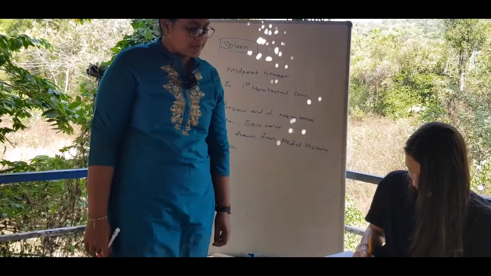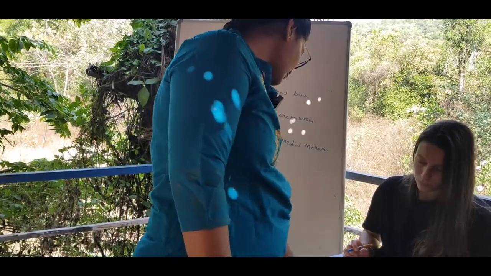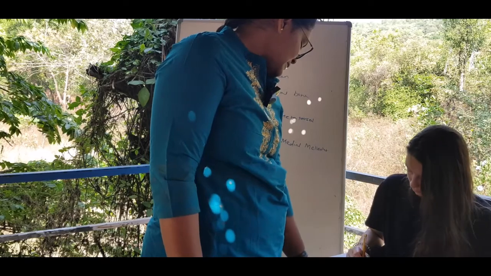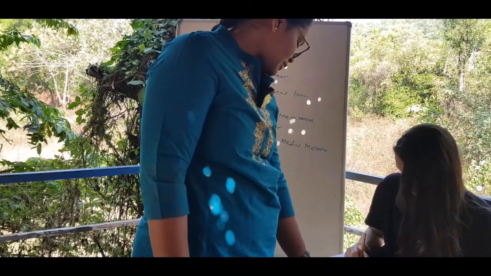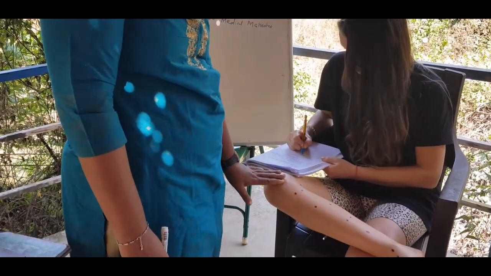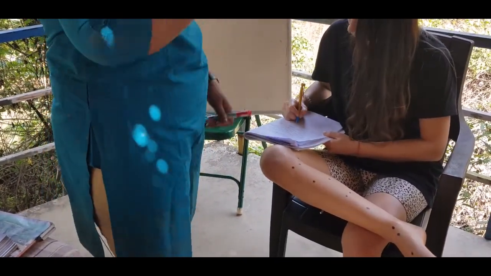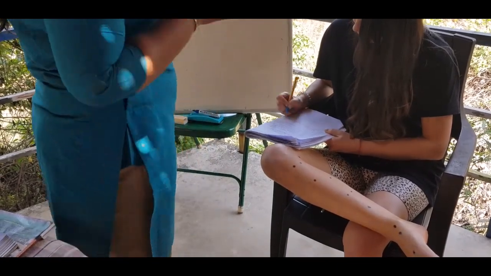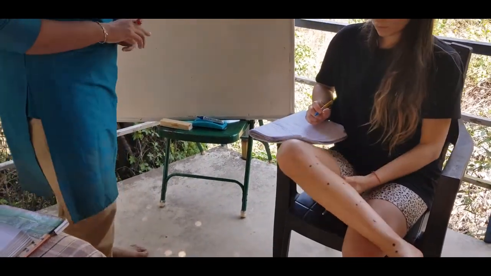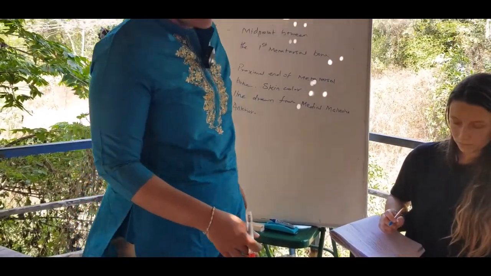Now spleen 10. Spleen 10 is located at the anteromedial border of your patella. From here we have to take 2 chun and it comes to the medial aspect. Or else you can use the physician's hand for locating this point. Flex your knee.